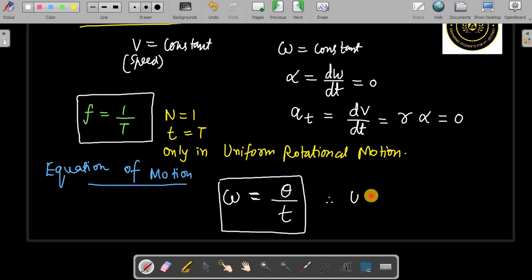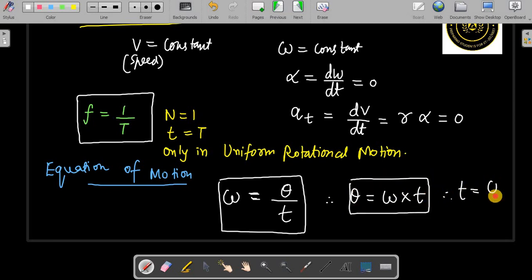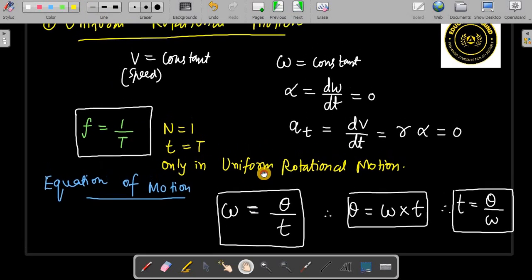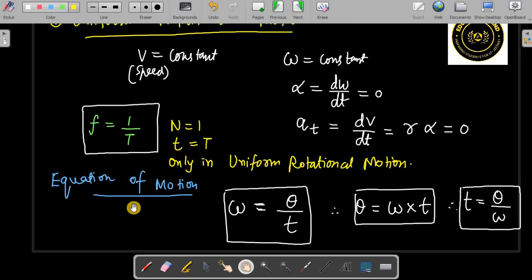Or you can say displacement is angular speed into time, right? And you can also say time is equal to displacement by speed, right? So that's the only equation you are going to use in uniform rotational motion or uniform circular motion, right? Omega is going to be constant, so that's why you can write it like this.